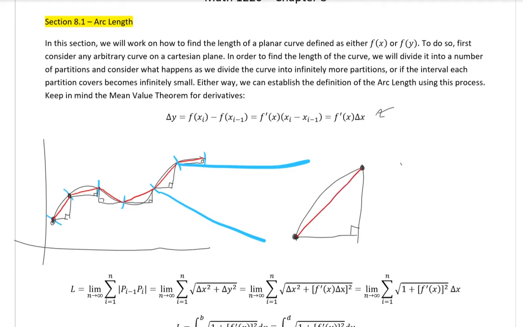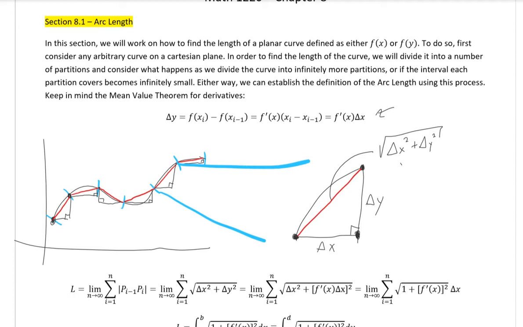Well, from this point to this point, the bottom leg would be defined by the change in x, and the vertical leg would be defined in the change in y. And that means the hypotenuse would be defined as the square root of the change in x squared plus the change in y squared by using the Pythagorean theorem. And that's what I would be doing for each partition.